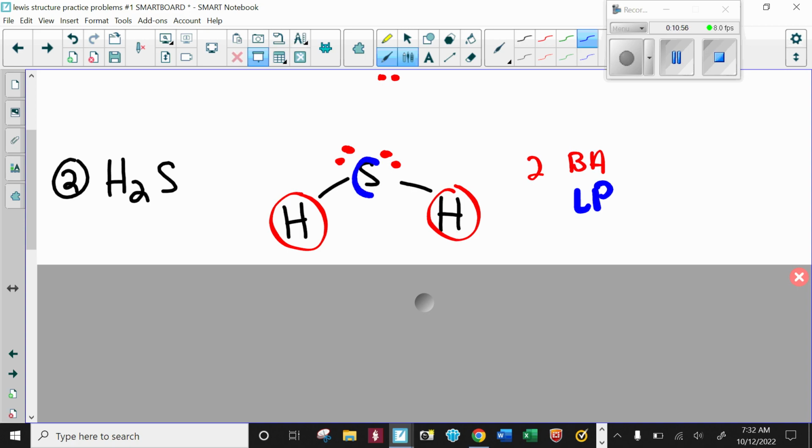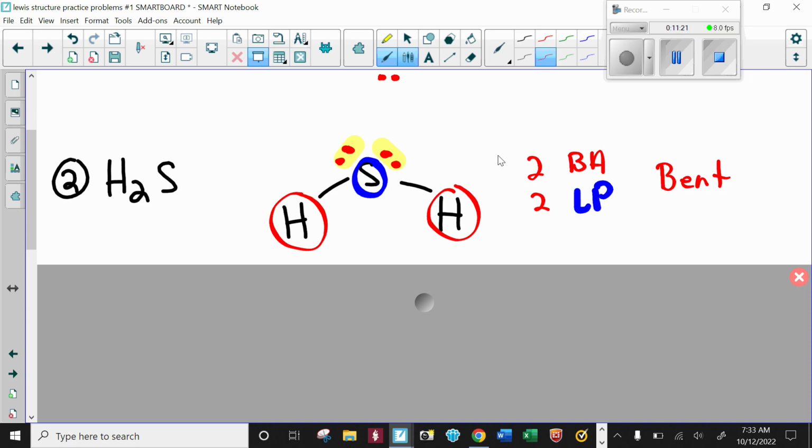So sulfur's the central atom, and I see 2 sets of dots on it. That's 4 dots, but that is only 2 lone pairs. If I look on my reference chart for 2 bonding atoms and 2 lone pairs, we see that corresponds to a bent shape. Bent.